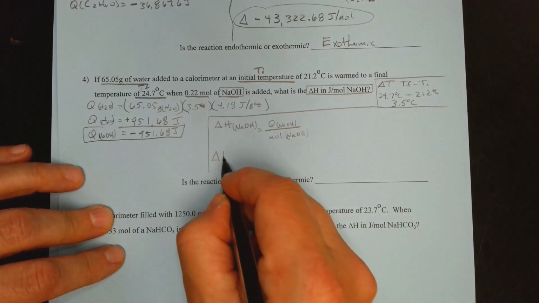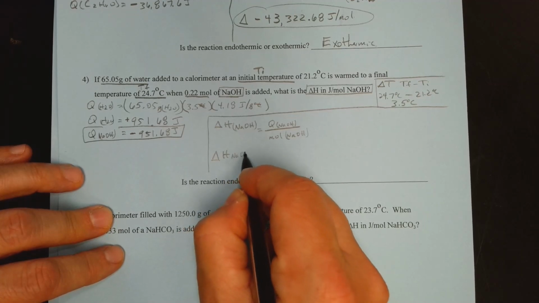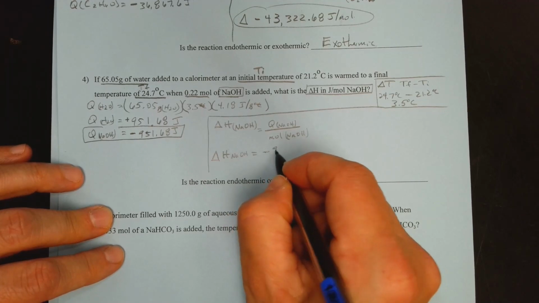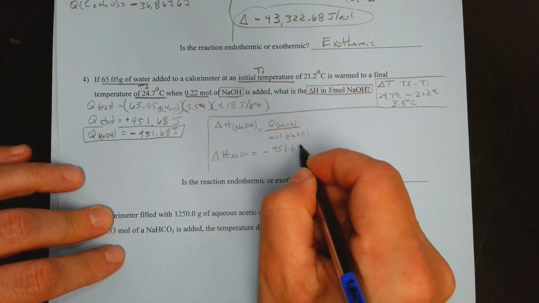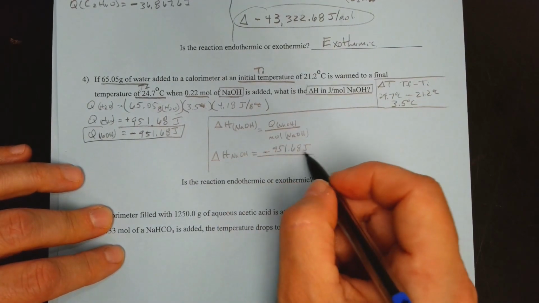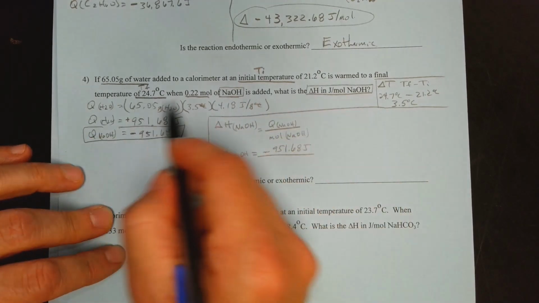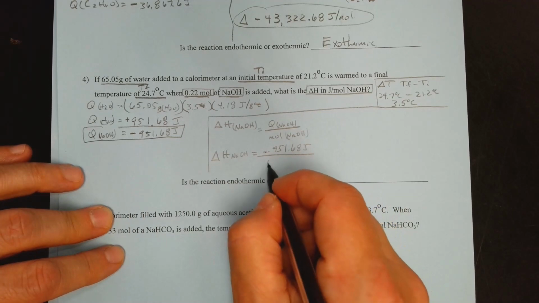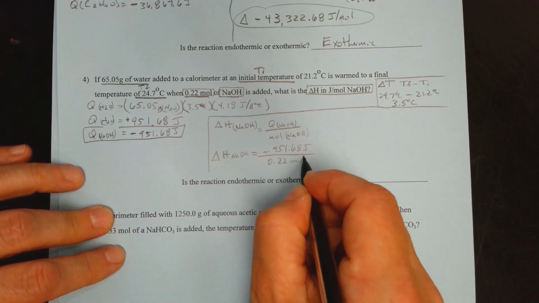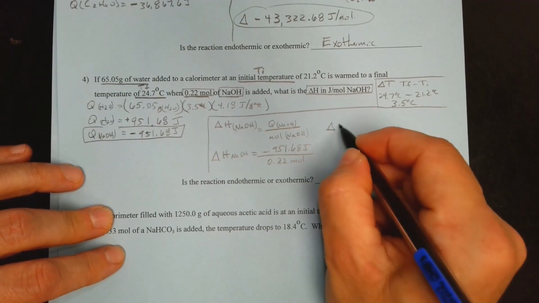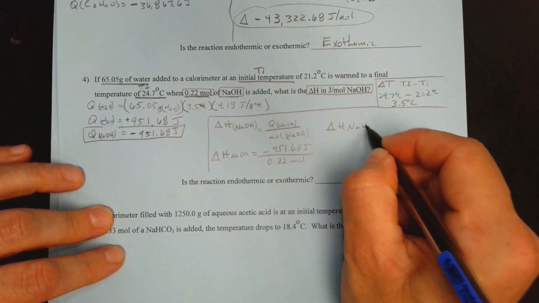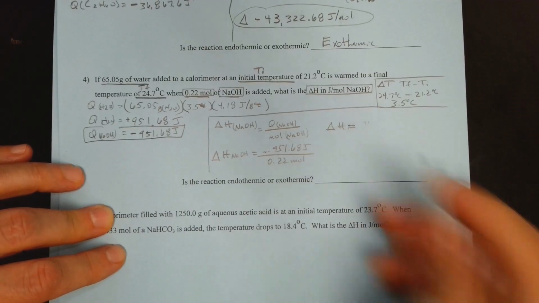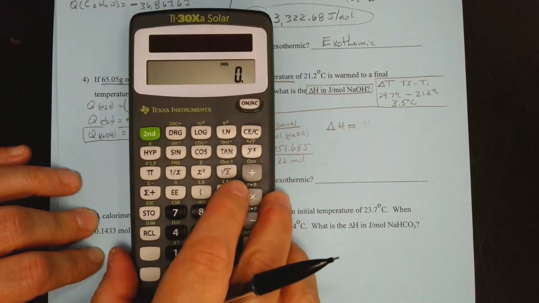So my delta H for my NaOH equals my Q, which is negative 951.68 joules, over, according to my problem, 0.22 moles. Let me go ahead and do my work here.